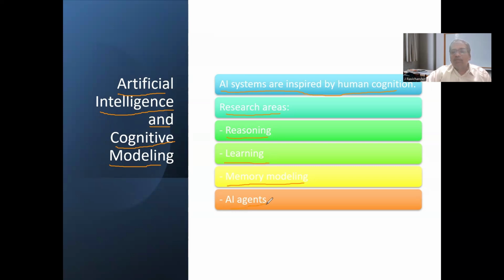With artificial intelligence combined with psychological and cognitive knowledge, we can do real-time projects like reasoning, learning, memory modeling, and AI agents.